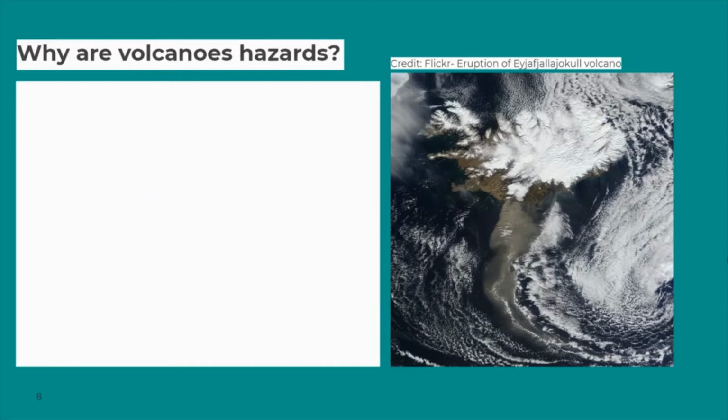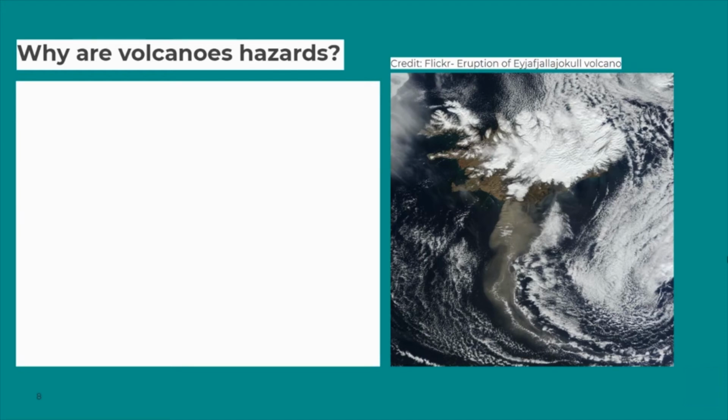So, why volcanoes are hazards? Now, the first thing that I'd like you to do is to have a look at this aerial photograph. And this aerial photograph is of the Icelandic volcano that erupted in 2010. Now, I'm about to pronounce the name of this volcano because I spent weeks trying to learn this. And it's Eyjafjallajökull. Yeah, I've fluffed it.